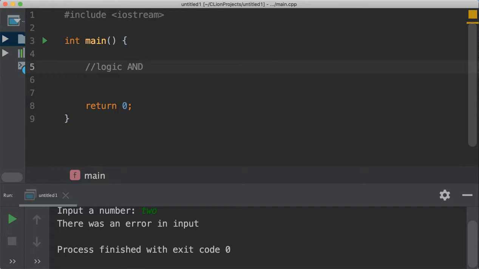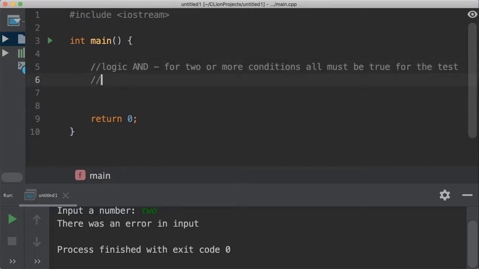It basically is a truth test that says, for a given set of conditions, or any set of conditions, it's probably two or more, all of them must be true for the test to be true. So this is one of these cases where AND minimizes things. It narrows the scope of things down.